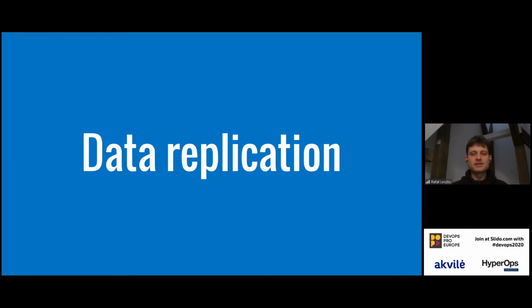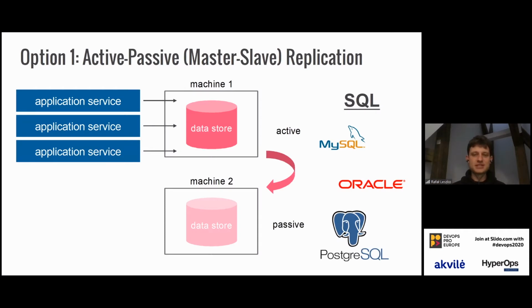You remember the times when SQL databases conquered the world, and people first used only one database instance. Then they thought, okay, we need to be highly available. So the first approach was to create the same machine and copy the data from one machine to another, like active-passive data replication.